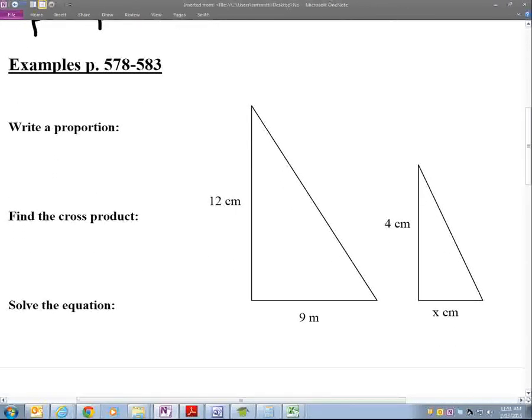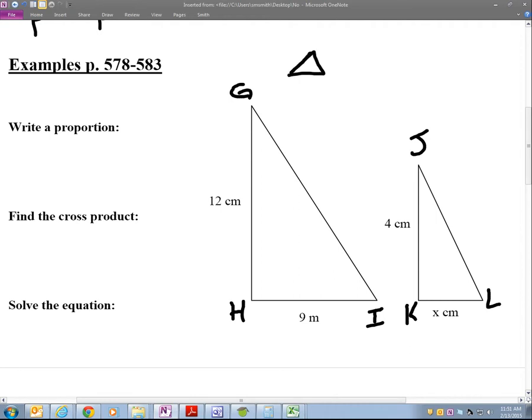Here we have two triangles, and we're going to label them triangle GHI and triangle JKL. And I will tell you that these two triangles are similar.